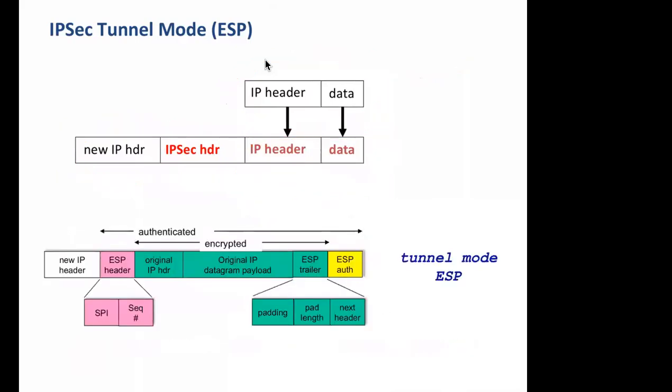So in this diagram we see the IP header and data come here, and that gets encrypted. Sorry, this is data, and all of this gets encrypted. This is the original packet, encrypted, right?